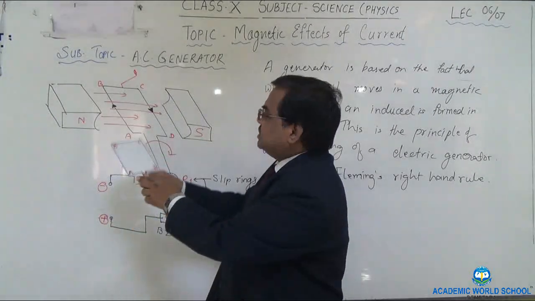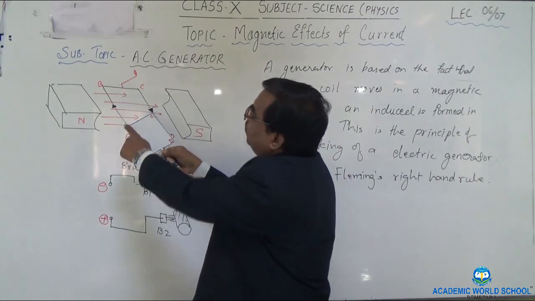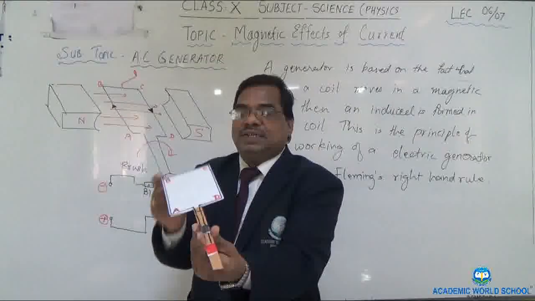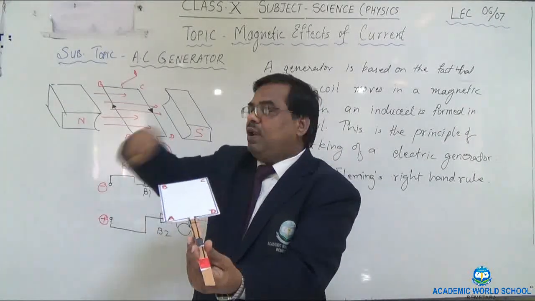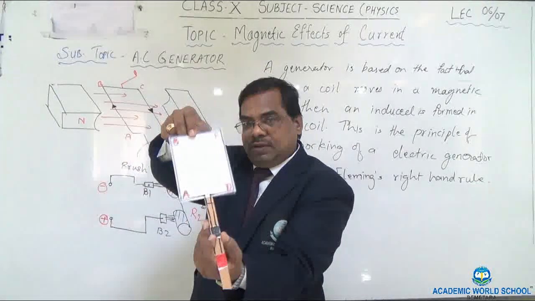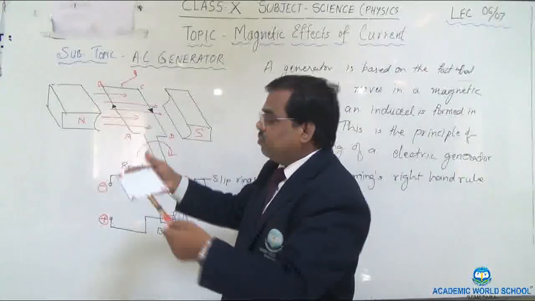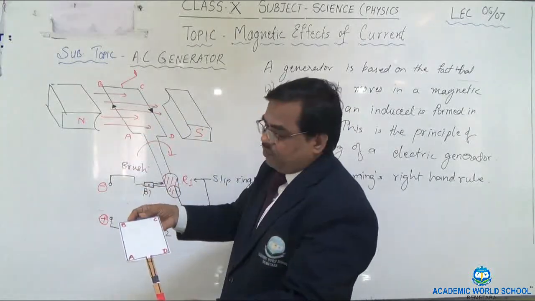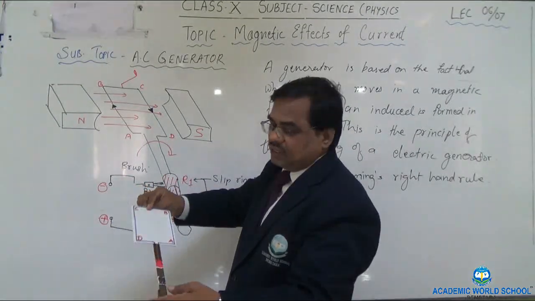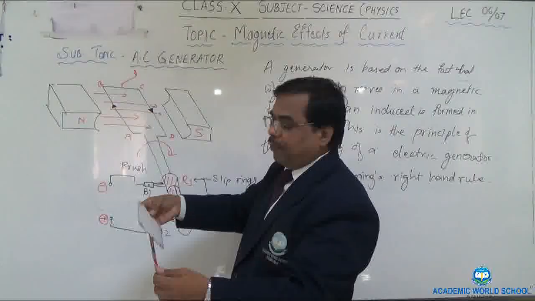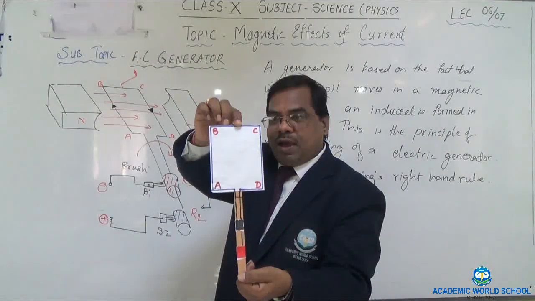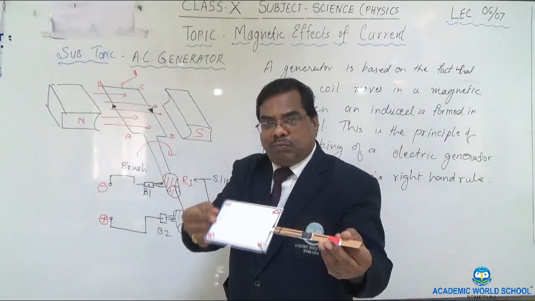You can see it is exactly like this, A, B, C, D. By a handle mechanism I am trying to rotate it. Clear? Now we will see how it will work. When ABCD is rotated clockwise, AB will go up and CD will go down.